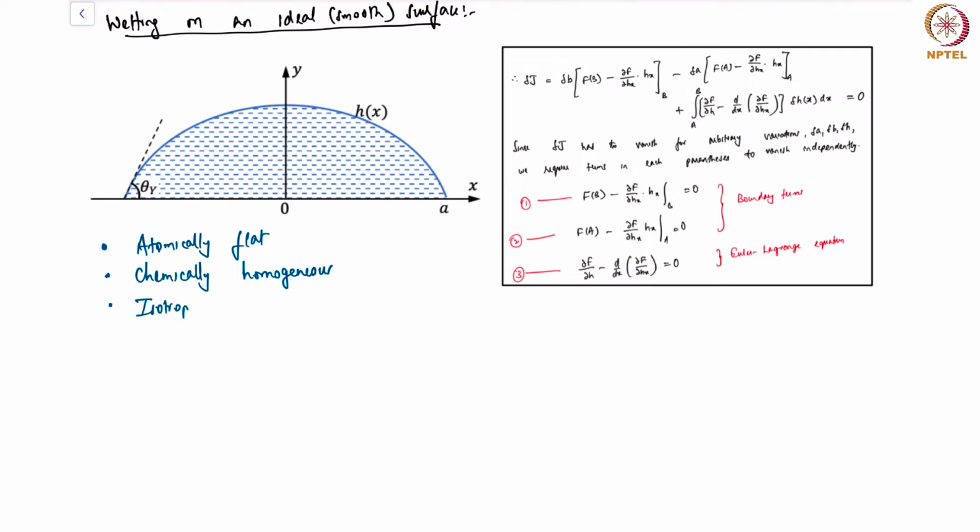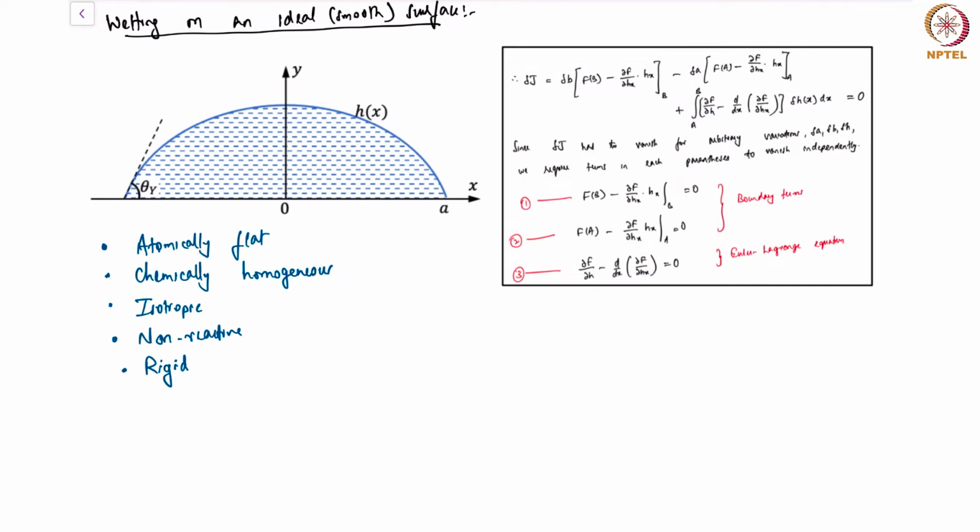The properties on the surface are uniform in all directions. It's non-reactive and insoluble. It's non-reactive and rigid. It does not deform.